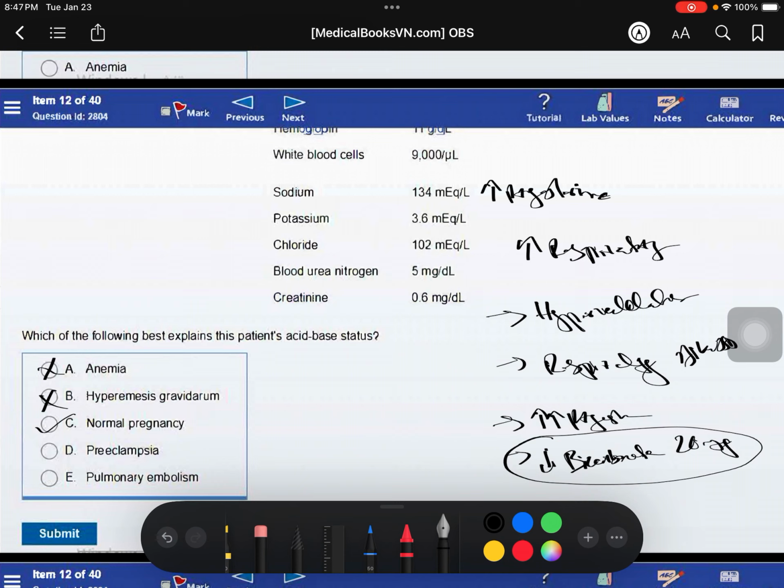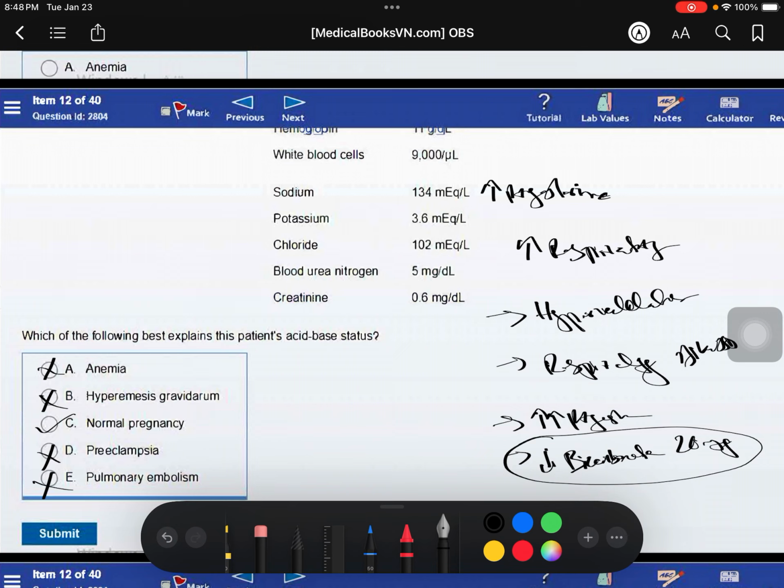This choice is also incorrect, because the patient is not suffering from any dehydration or vomiting. Come to choice D, preeclampsia. As I already explained, preeclampsia happens after 20 weeks of gestation, and the patient usually suffers from hypertension, proteinuria, and end-organ damage. So this is also incorrect.